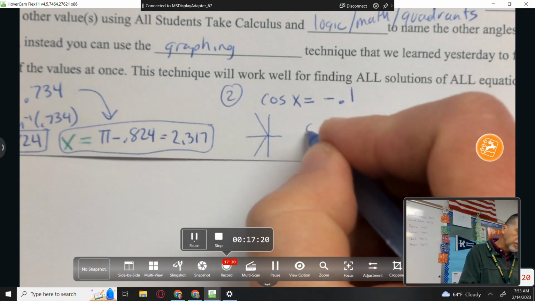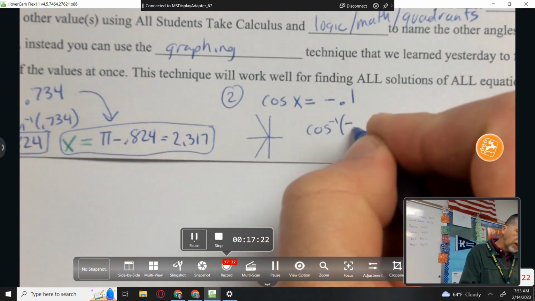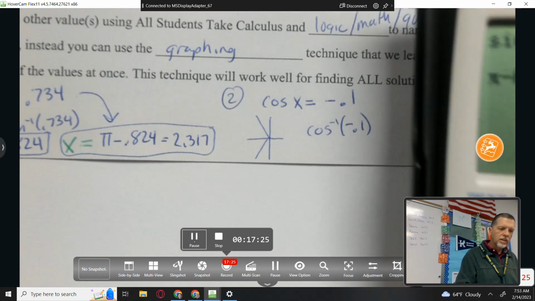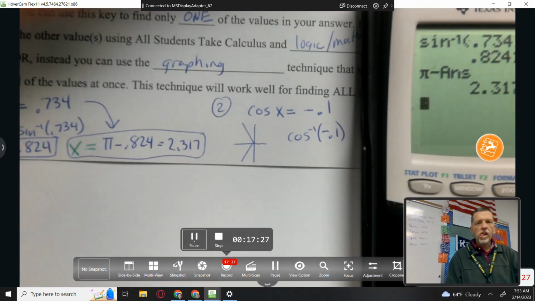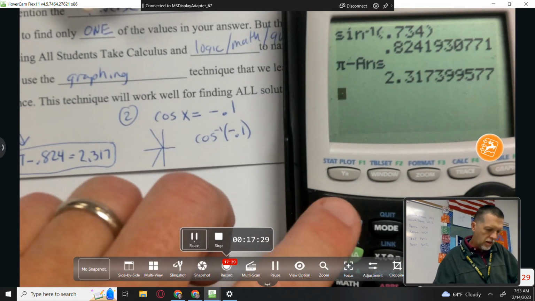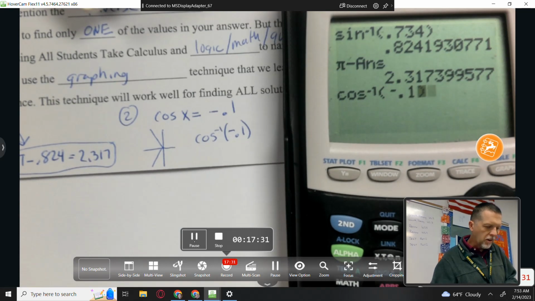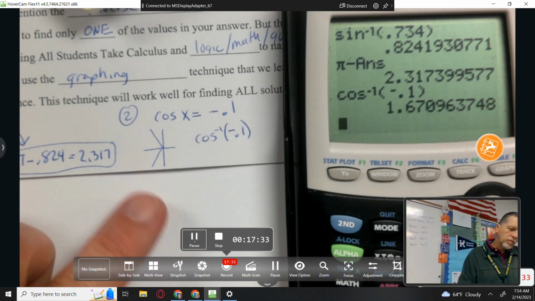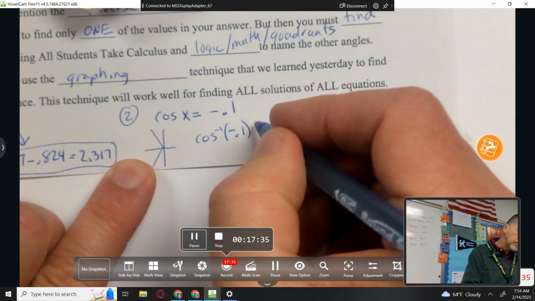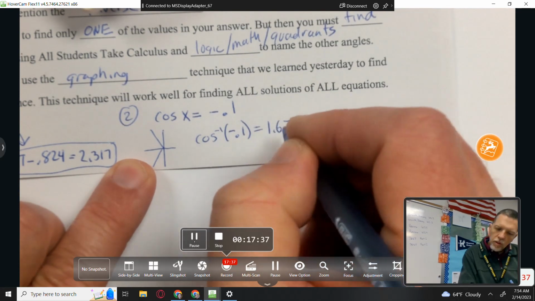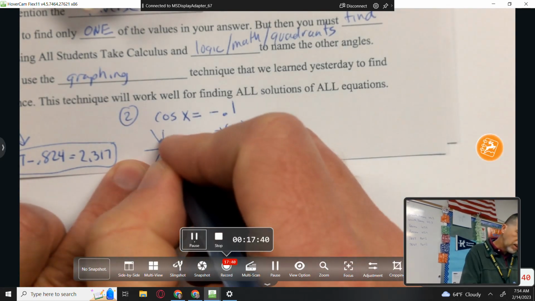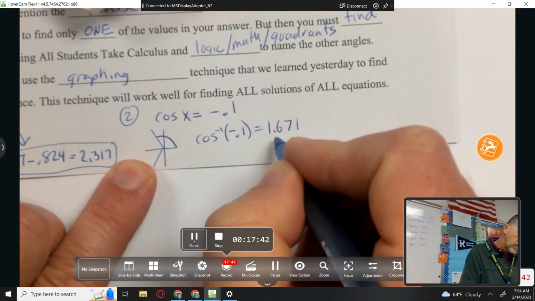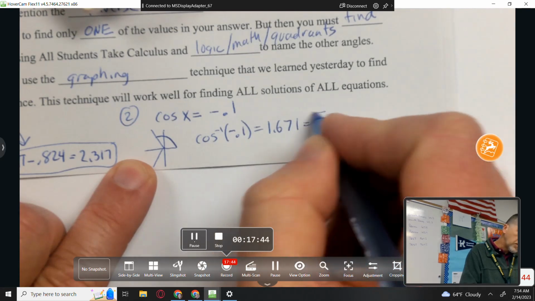Now to find one of the answers, I'll do inverse cosine of negative 0.1, which is 1.671. So that's one of my answers.